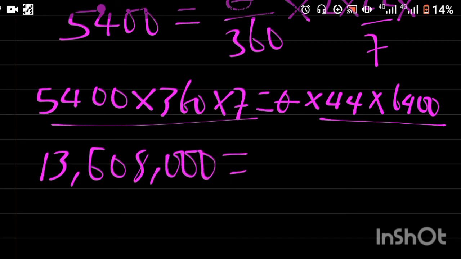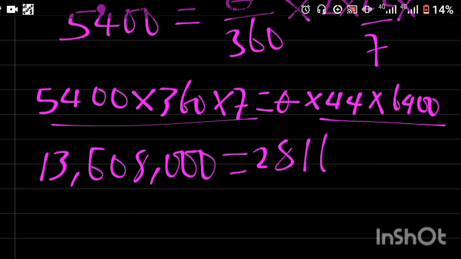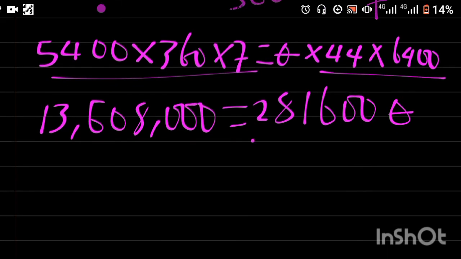That is equal to, let's multiply 44 times 6,400, 281,600 theta. We are going to divide both sides by 281,600.